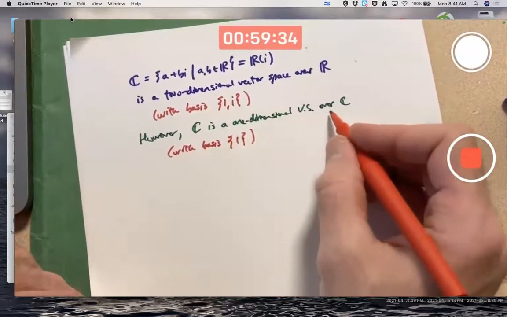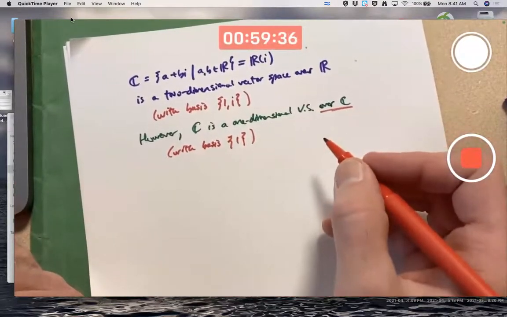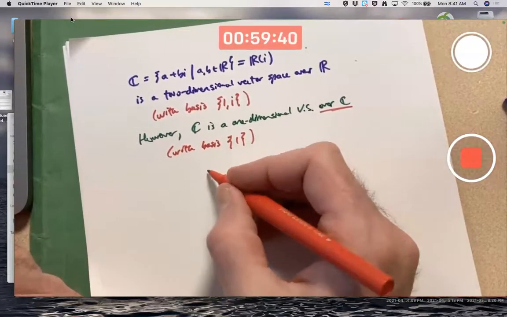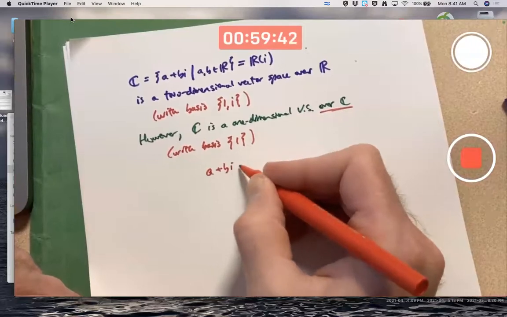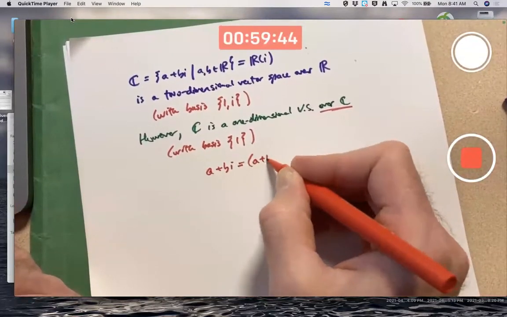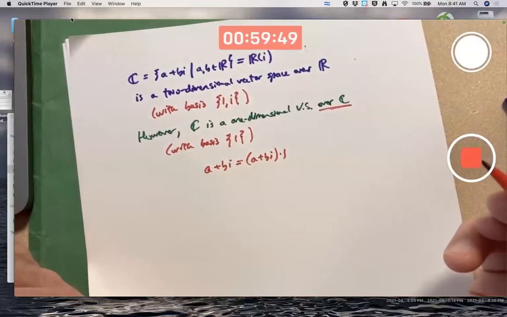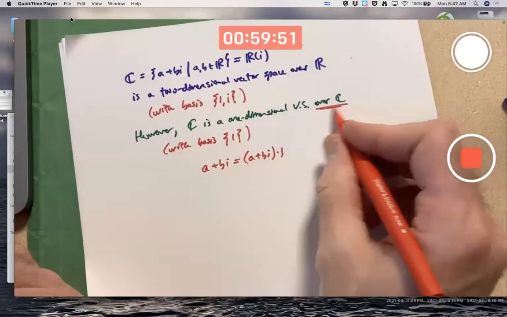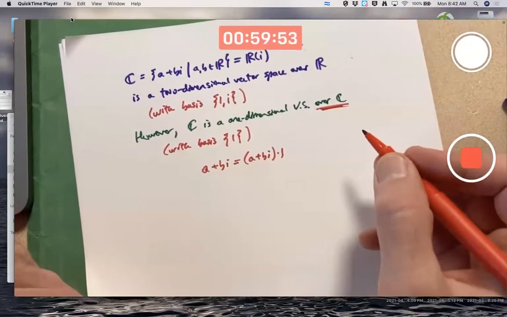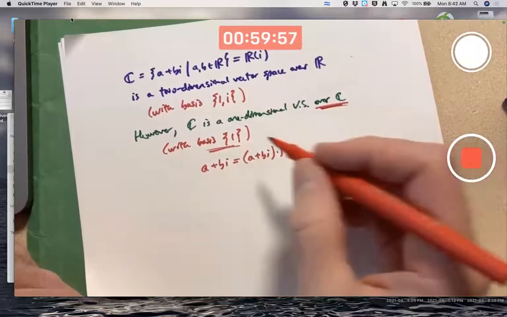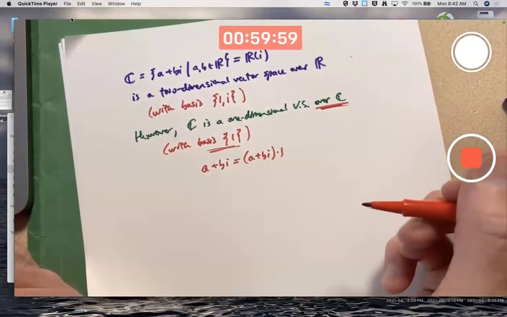If I'm allowing my scalars to be complex numbers to begin with, I can form any complex number as that same complex number times 1. If I'm allowing my scalars themselves to be complex numbers, then I only need a basis with one element, and in fact, any non-zero number would do. But certainly picking a 1 is the simplest thing to pick.